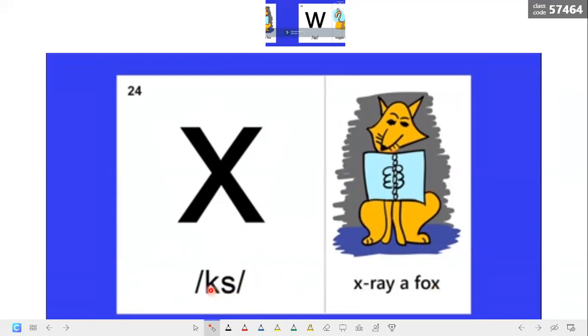It is X. Listen. Number 24. X-ray, a fox.